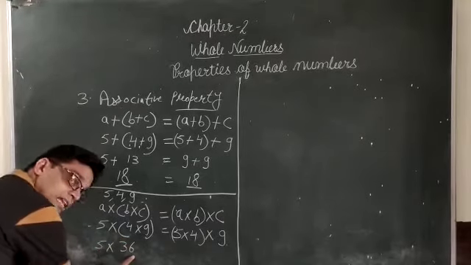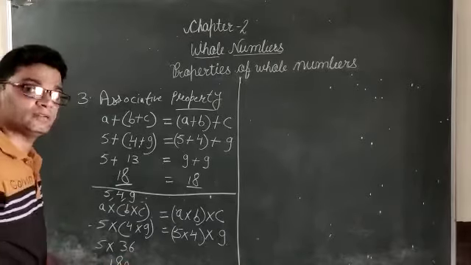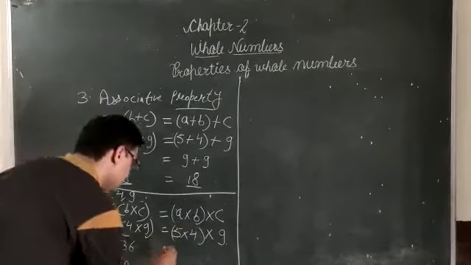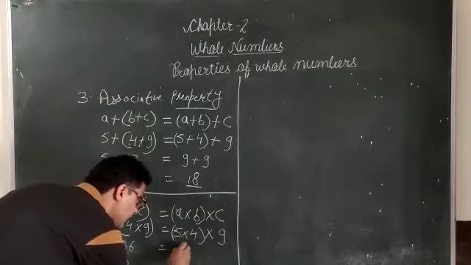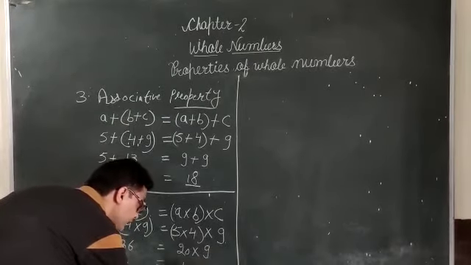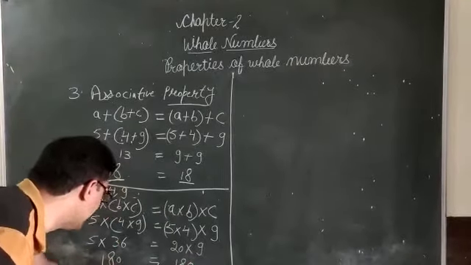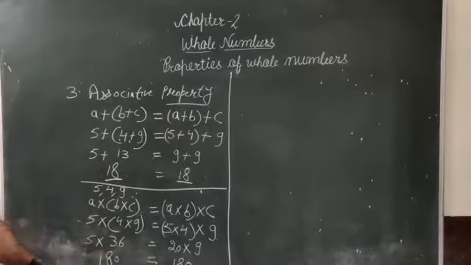So 5 we will multiply by 36, and here 180 will come. Check the other side: 5 fours are 20, into 9, 20 nines are 180. You can see in both sides your answer is the same.